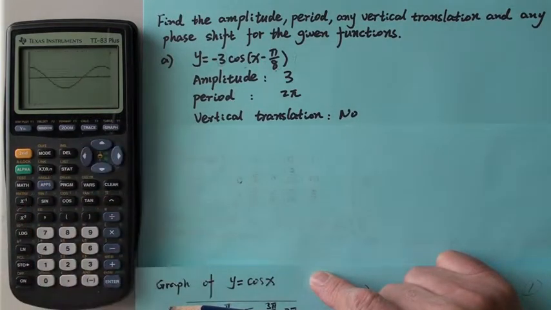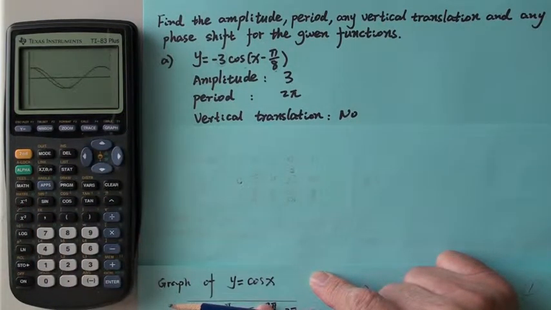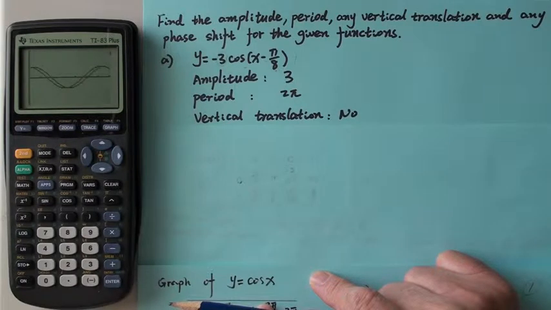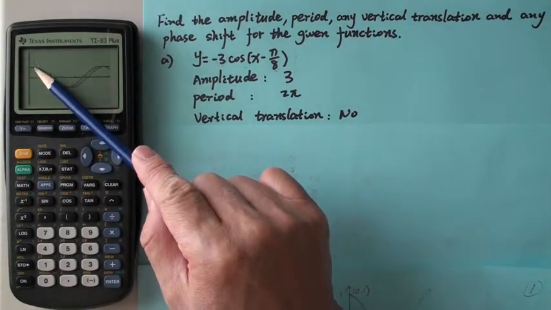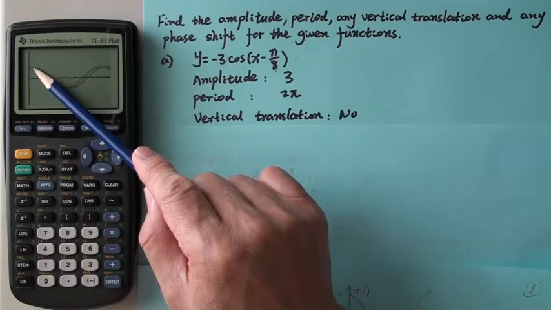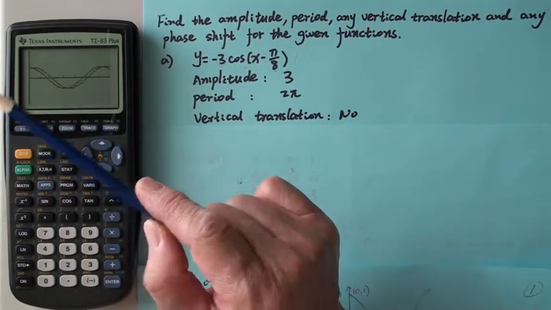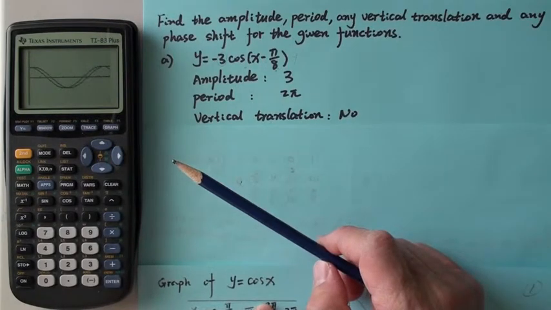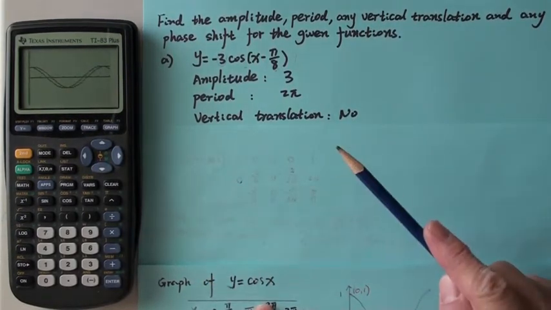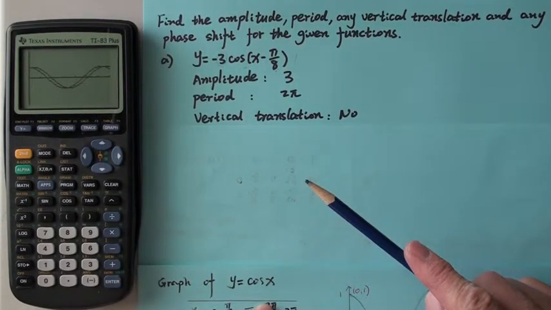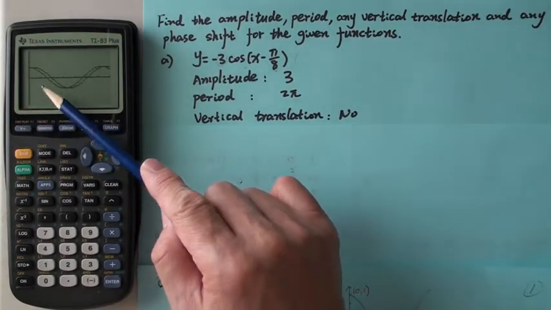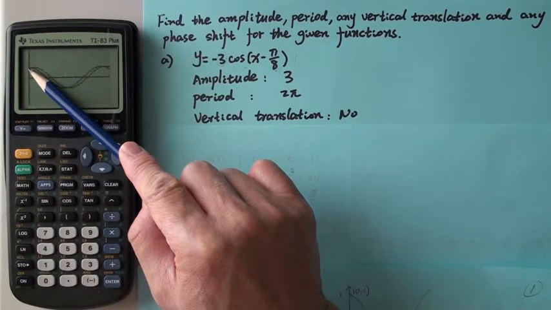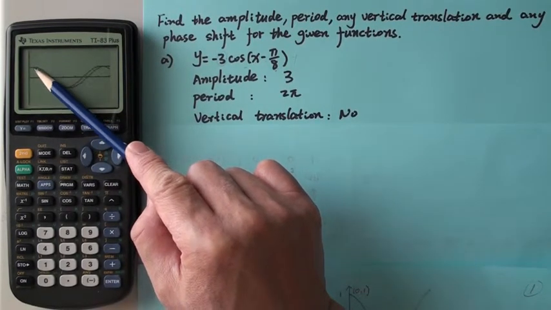When you graph it, you will see that the highest point starts somewhere here. I will show you later in a more algebraic way. Previously it started from 0, 1. Now the graph starts from pi over 8, 1.